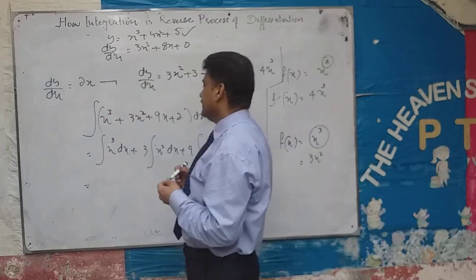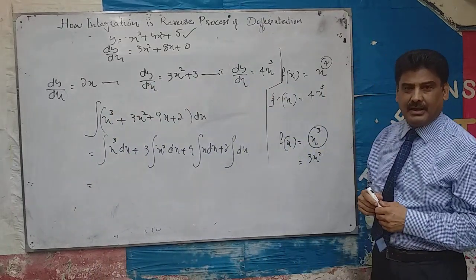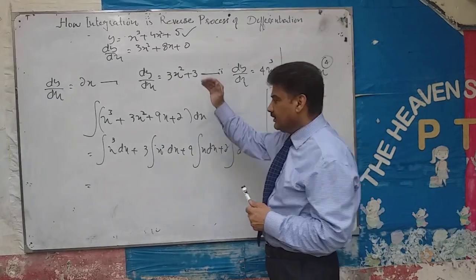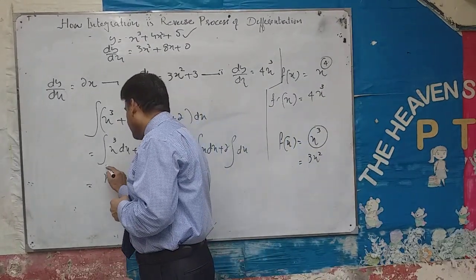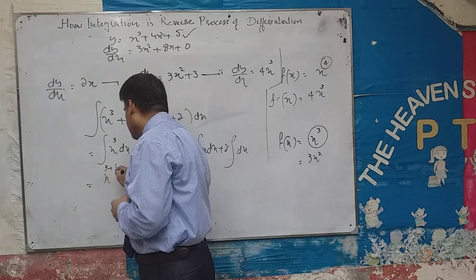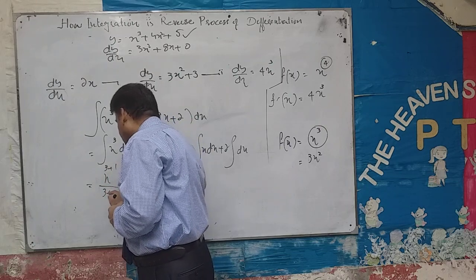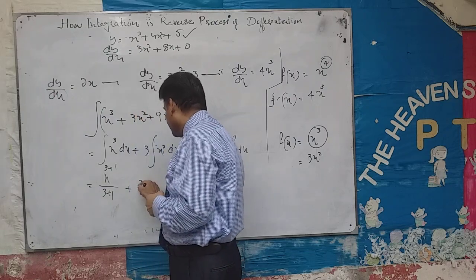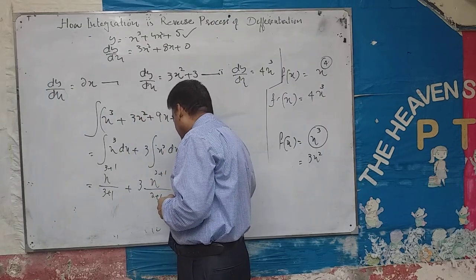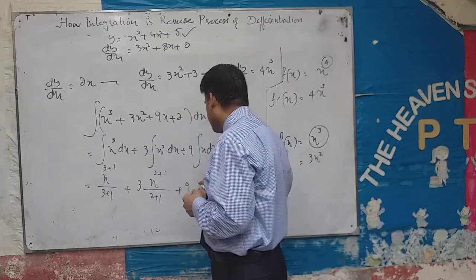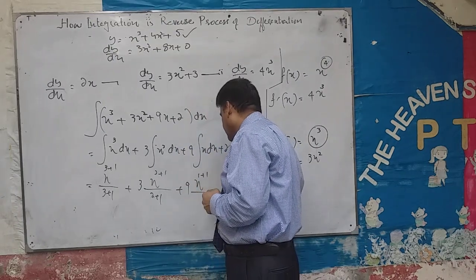We apply the technique: when the function has power n, we increase the power by 1 and then divide the function by the same power. I mean to say its integral is x raised to power 3 plus 1 over 3 plus 1, plus 3 as a constant, x raised to power 2 plus 1 divided by 2 plus 1, 9, x raised to power 1 plus 1.